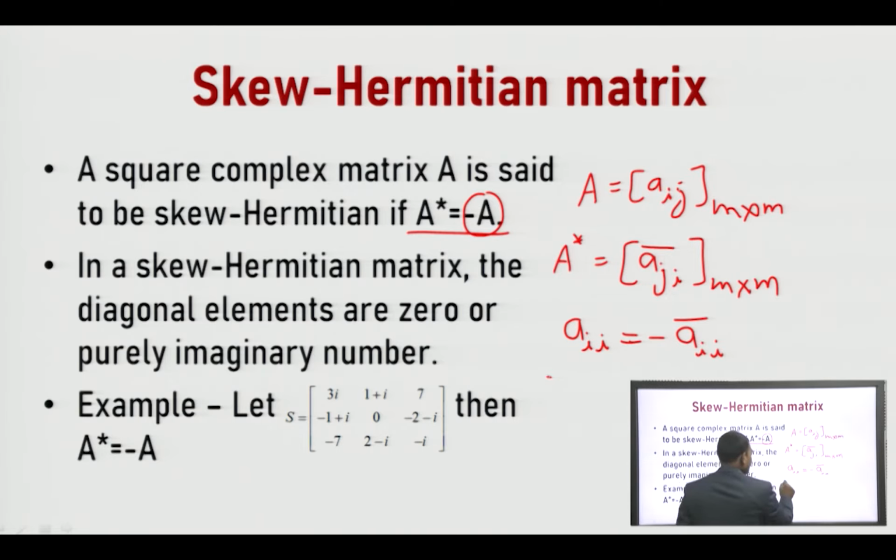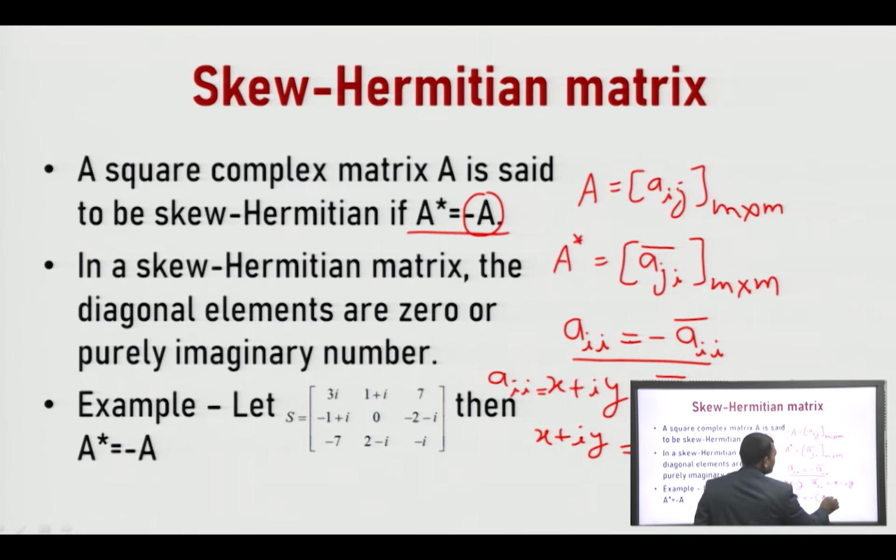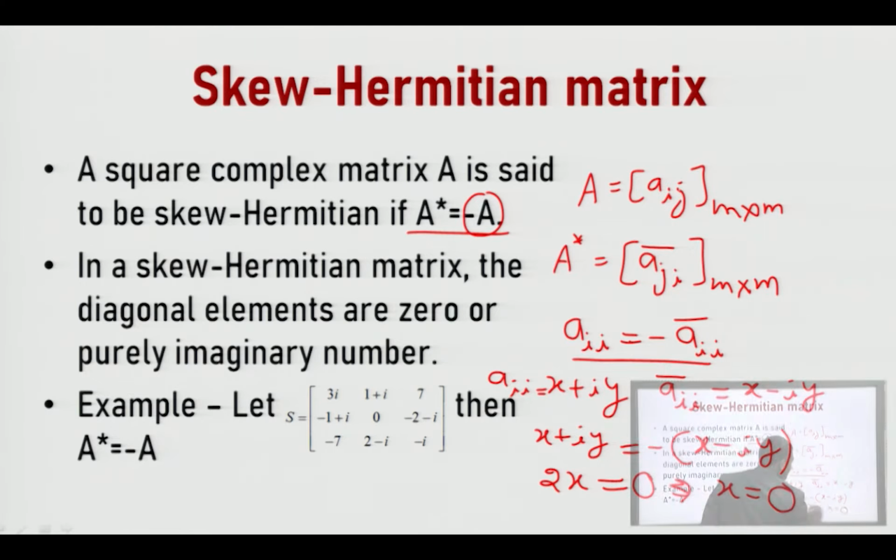Now see here, suppose that aii is x plus iota y, then its conjugate will be x minus iota y. Put it in the above equation: x plus iota y will be equal to minus of x minus iota y, and in this way 2x is equal to 0. It means that x is equal to 0.